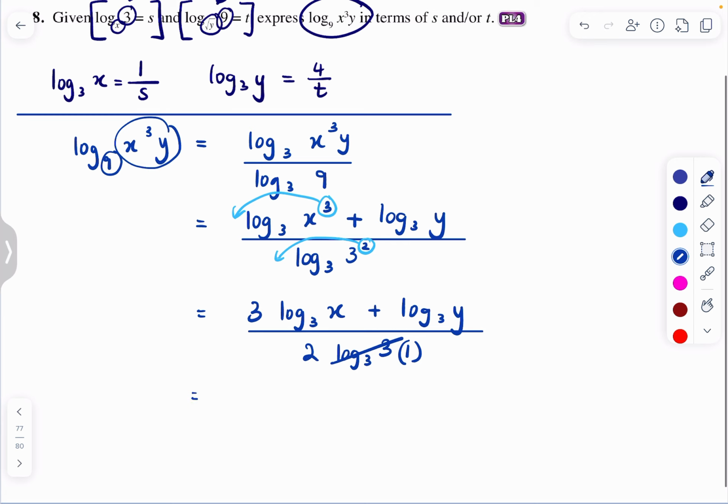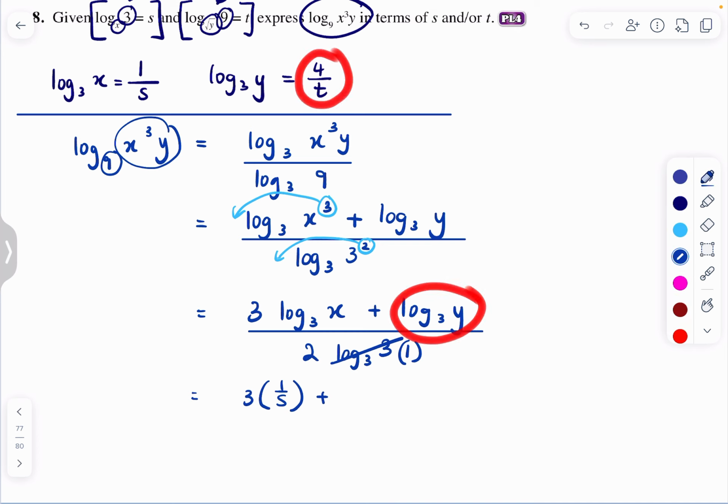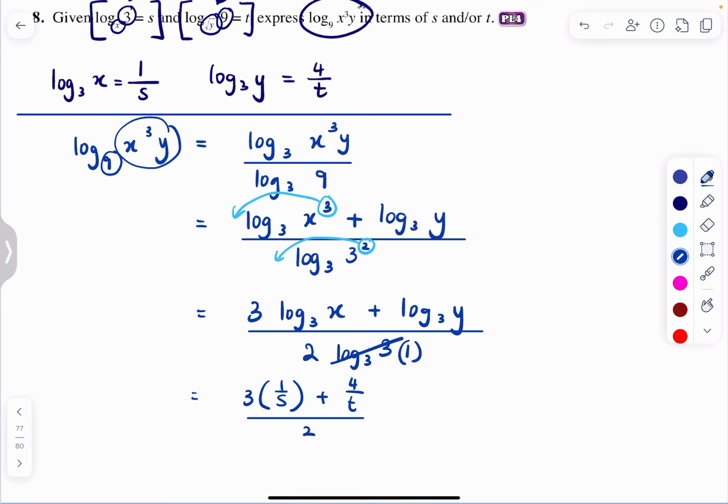So log_3 x is 1 over s, so 3 times 1 over s. Log_3 y is 4 over t, over 2.